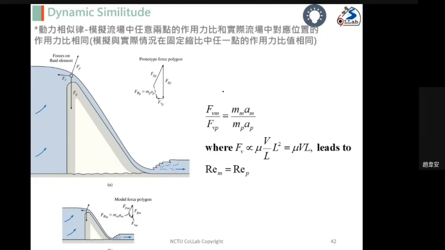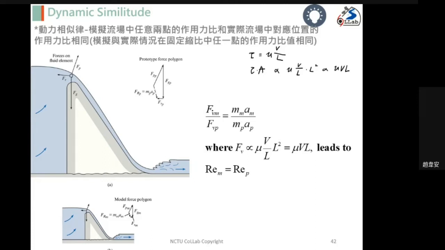We know that the shear stress is equal to mu multiplied by the velocity gradient, and if we multiply the shear stress by the acting area, we can rewrite this as proportional to mu V divided by L, multiplied by L squared, and this is equal to mu V L.